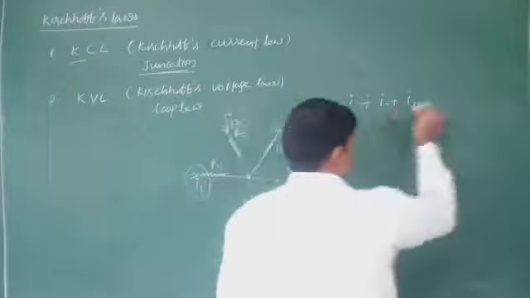Next, observe, this is one loop. A, B, D, A is the first loop and B, C, D, B is the second loop. This is the first loop and this one is the second loop. For these loops, apply the Kirchhoff voltage law.